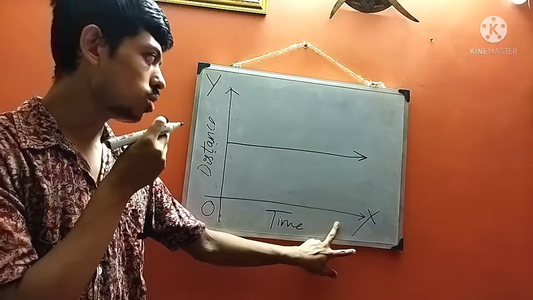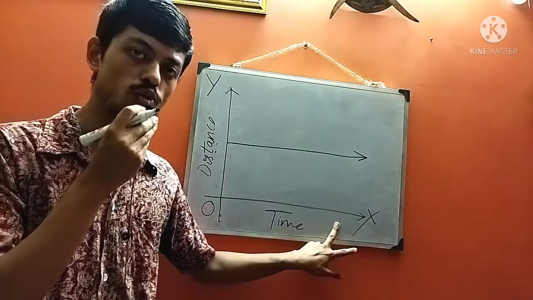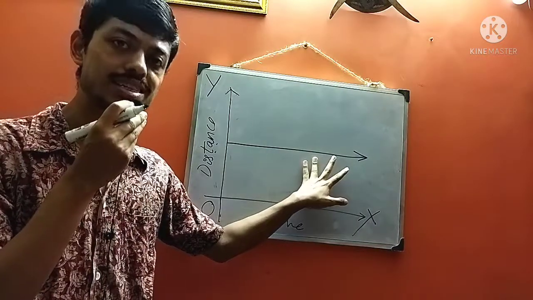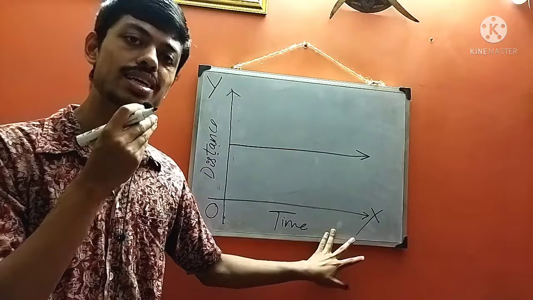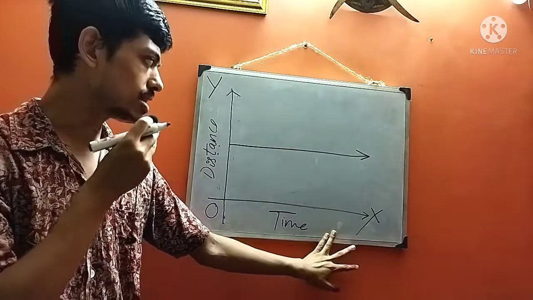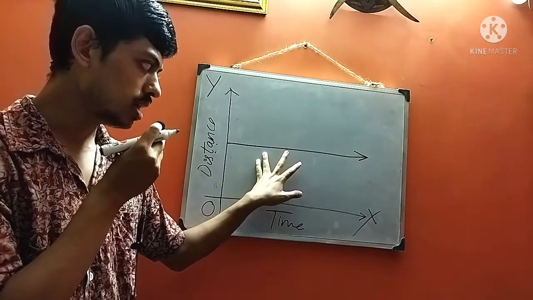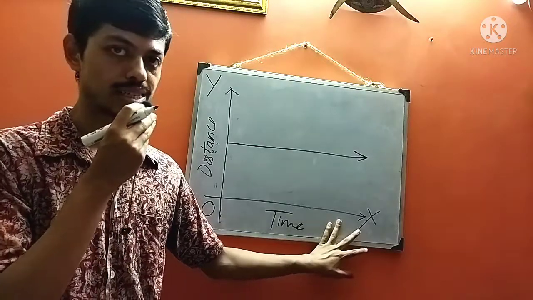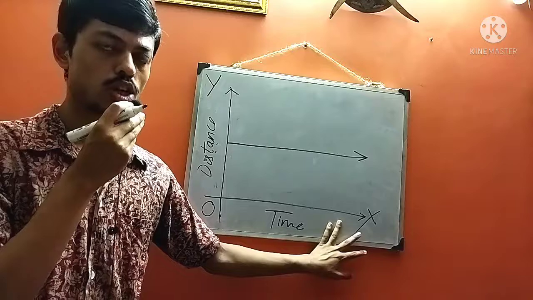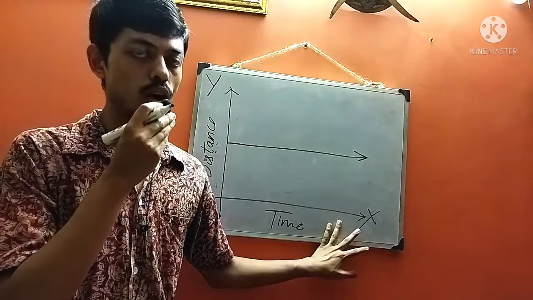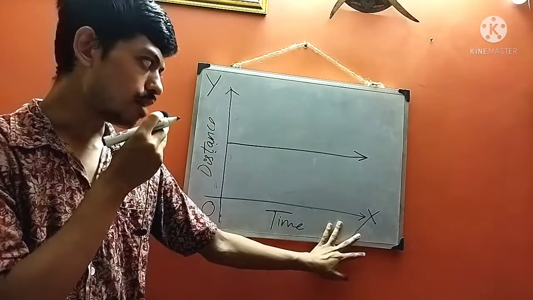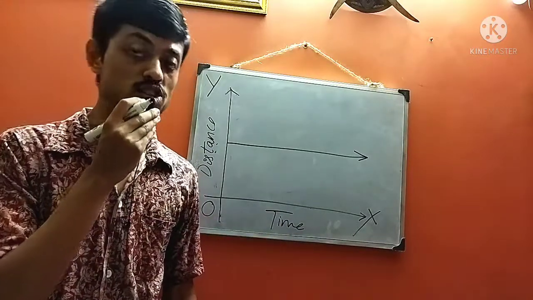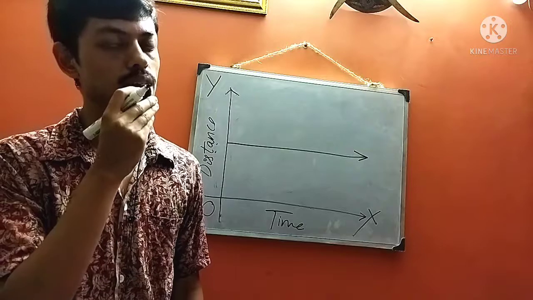Since when an object is stationary, it does not travel any distance, but the time keeps increasing. Hence, the graph would be parallel to the x or horizontal axis. So students, can you think whether a graph with a line parallel to the y-axis is possible or not? Think upon it.